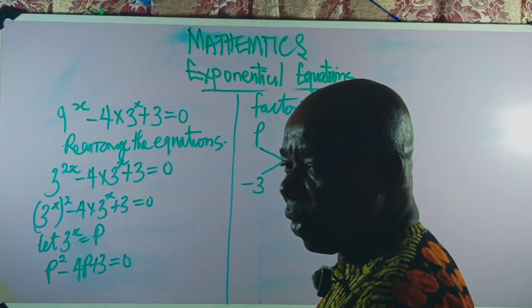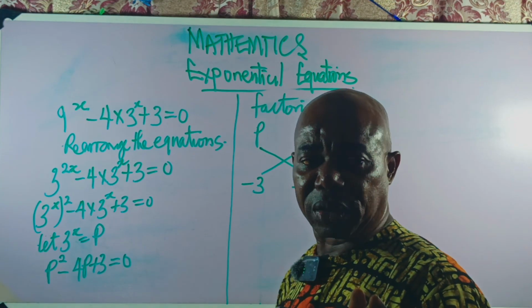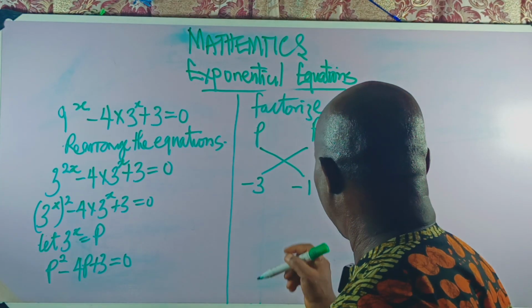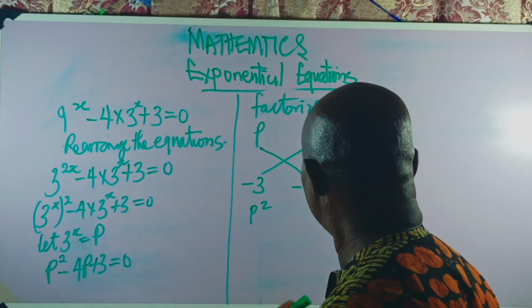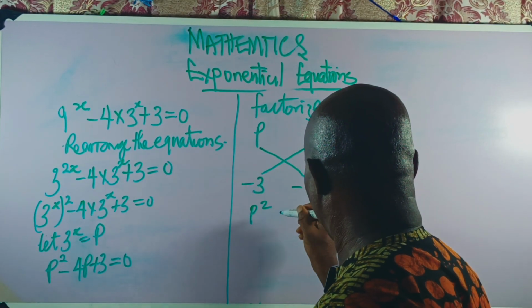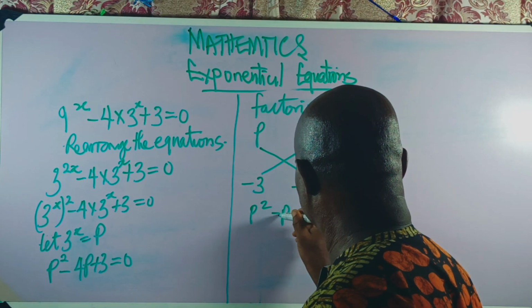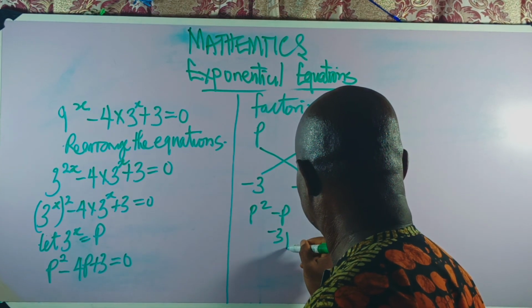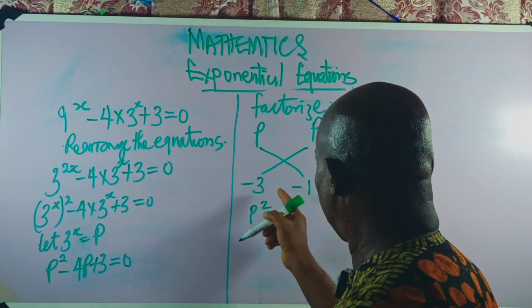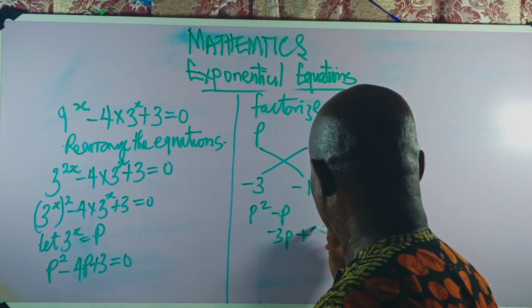Okay? So if I want to find out if the factors I'm using are correct, I will say p times p. It will give me p squared. P times minus 1, I will have minus p. P times minus 3, I have minus 3p. And minus 3 times minus 1 will give me plus 3.